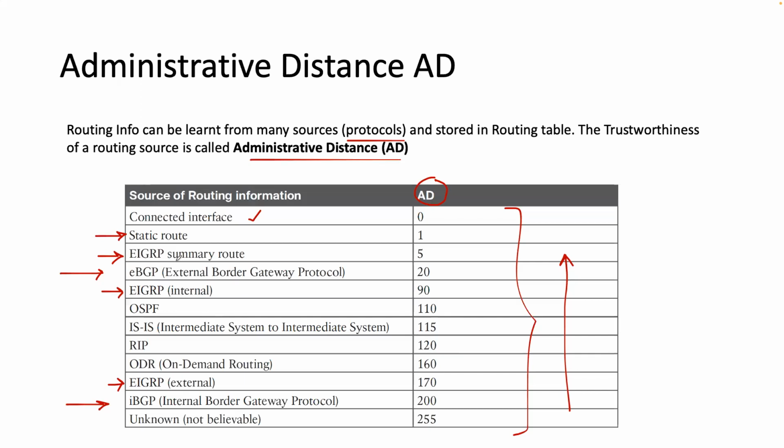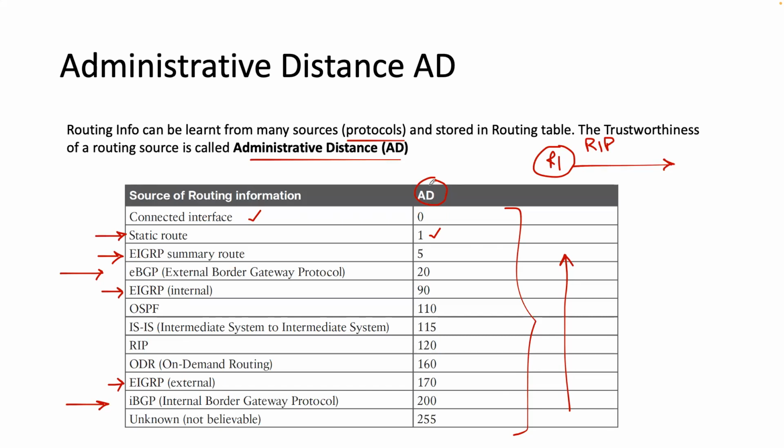For example, if on R1 I am configuring a static route with an AD other than 1, that is local to my router. Similarly, if on this router I'm running the routing protocol RIP and I change the AD value of RIP, that is local to this router. This AD value is not advertised to any other router within your routing protocols. This is a locally significant feature.